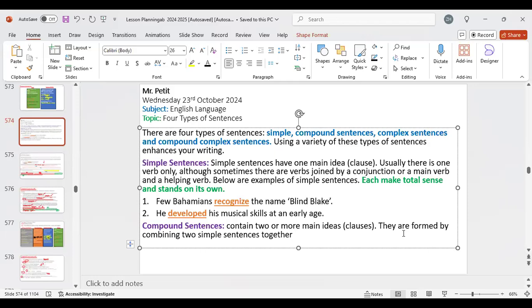Very good. How can we combine two sentences together? What could we use to combine the sentences? A conjunction.